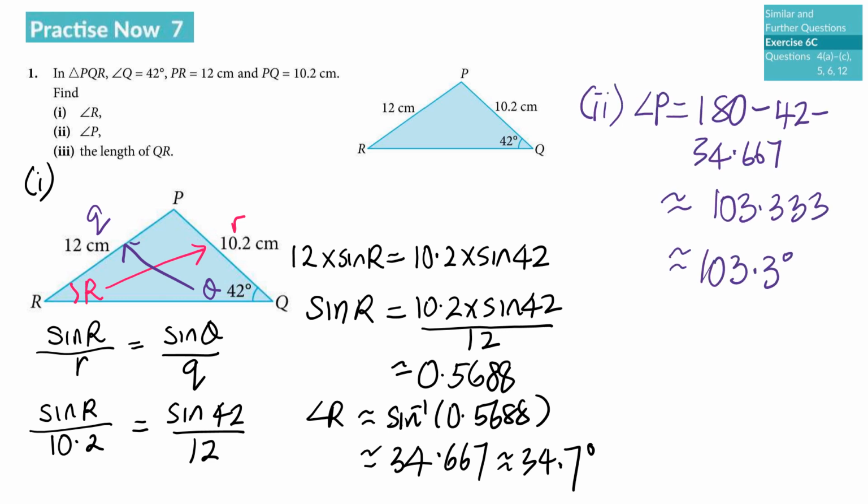Since I've already found angle R, then angle P will just be 180 minus 42 minus 34.667. And that gives you 103.3 degrees. For angles in degrees, you should express it to one decimal place for the final answer. So part 2 is relatively easy.